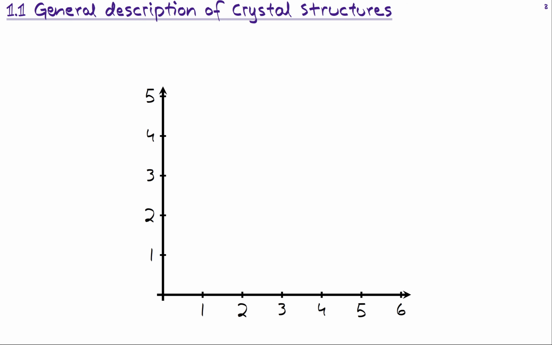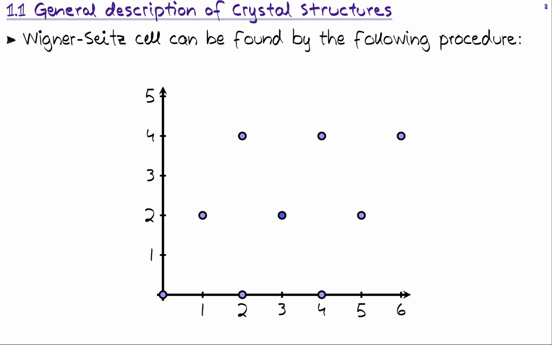As students always ask for examples, and it's a valid request, because indeed examples help us to understand, I'm now showing you how we generate a Wigner-Seitz cell, and we can use the following procedure. For the sake of clarity, I'm just showing this for a two-dimensional case, but the same principle and procedure also work in 3D. It's just a lot easier to show graphically what happens in the 2D case.